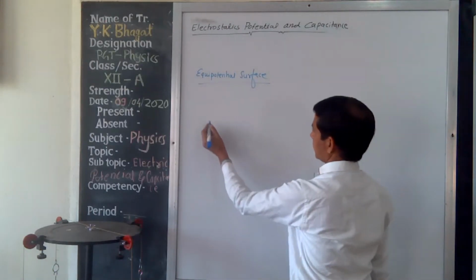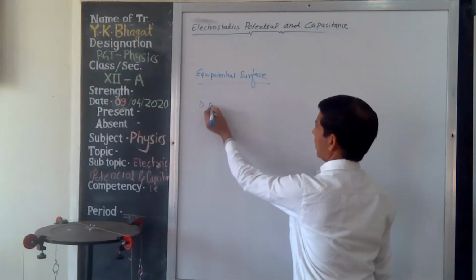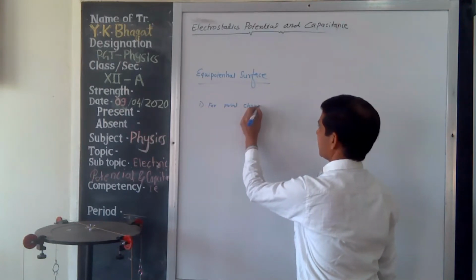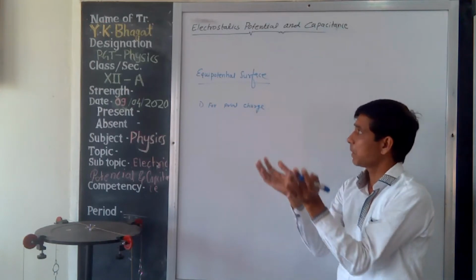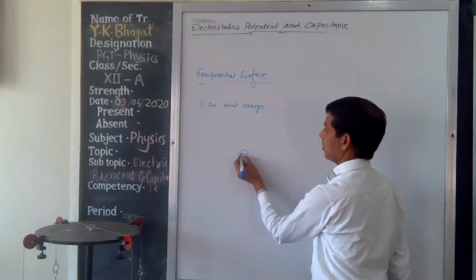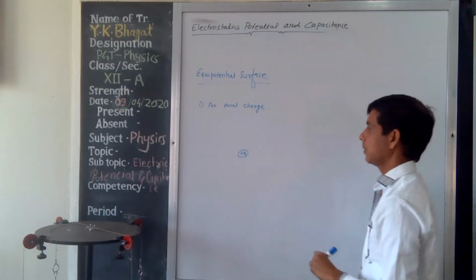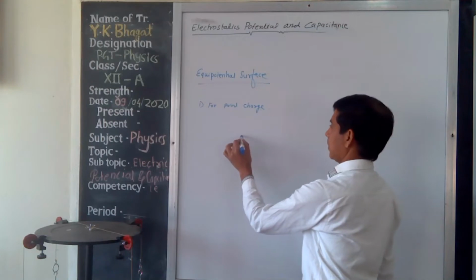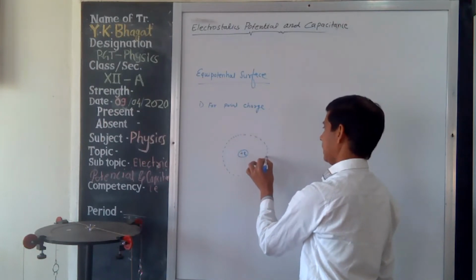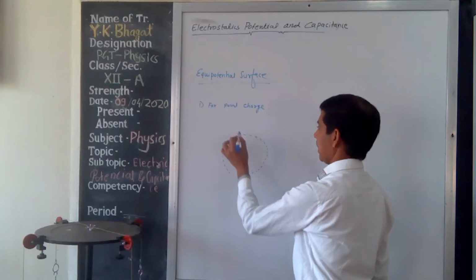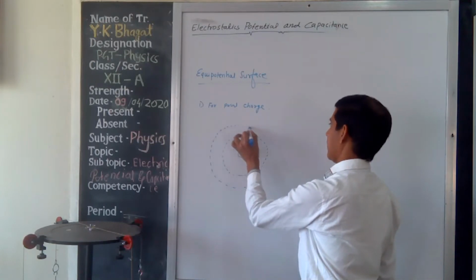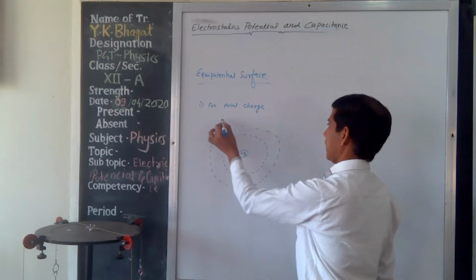Suppose first one for point charge. What will be the pattern of equipotential surface? Suppose we have plus Q charge present here. Then this circle of definite radius, another circle of greater radius, another one similarly.